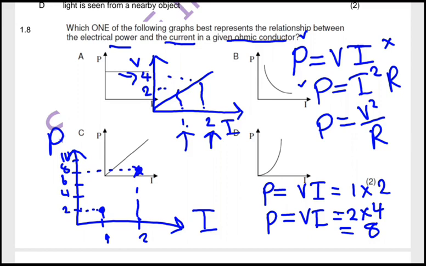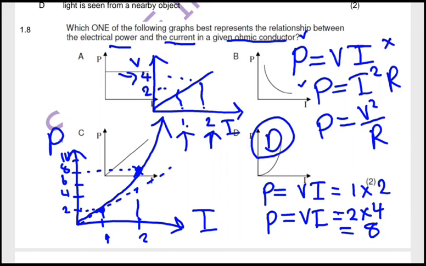So you can clearly see that this is not following a linear relationship. This is actually following some kind of exponential increase. Okay, so which graph best suits this? It's D. The correct answer there would be D.